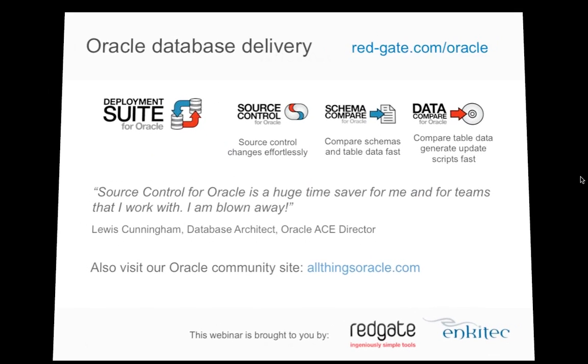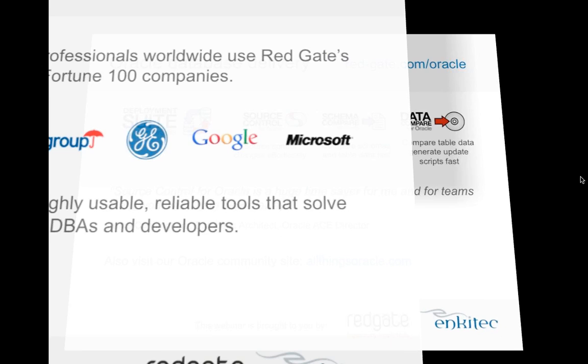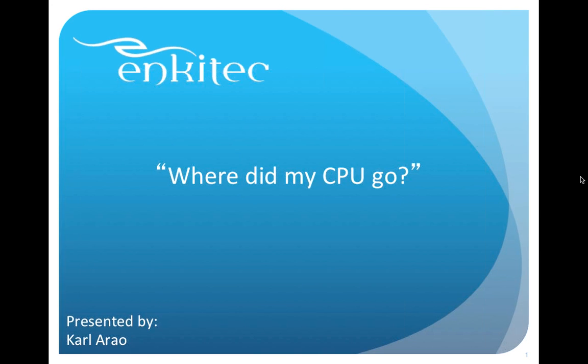So let's start. Before anything else, why the title? Where did my CPU go? Simply because for the past 2 or 3 years that I've been with Enkitec, I've been doing a lot of server sizing and consolidations.